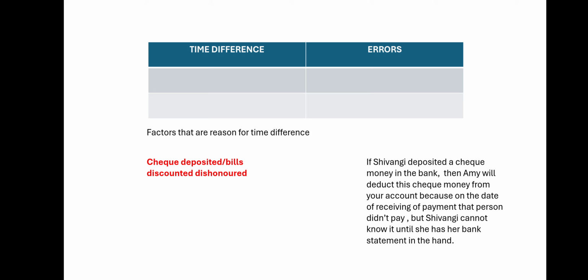But Amy will not accept that check, will not accept that deposit, and she will deduct that amount. So Amy will deduct that amount on that day, but Shivangi will get to know it a little late, until she receives her bank statement. This situation is very crucial and it is called discounted dishonored or check deposited dishonored.